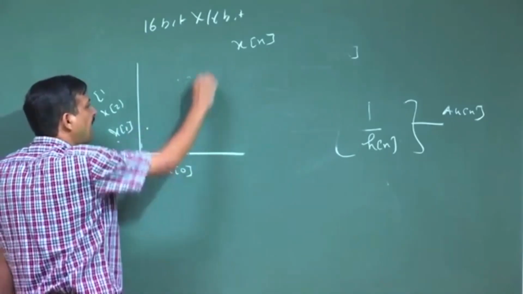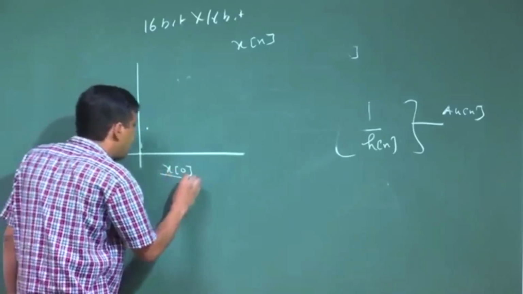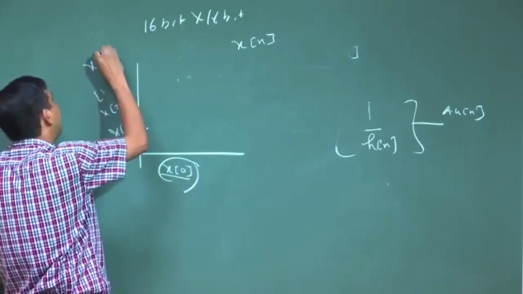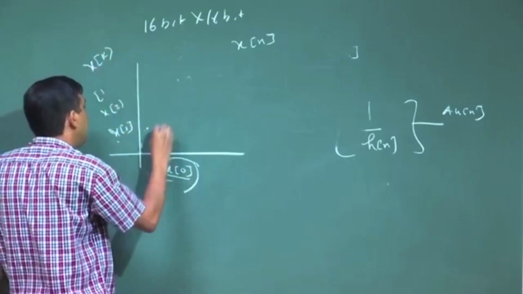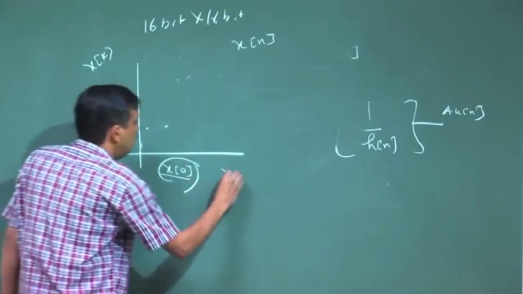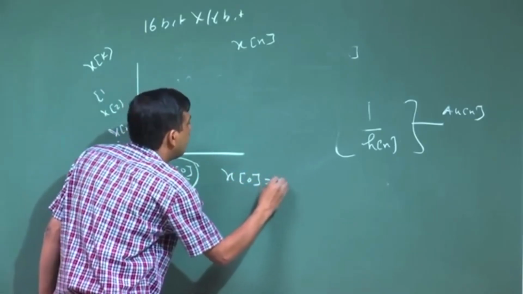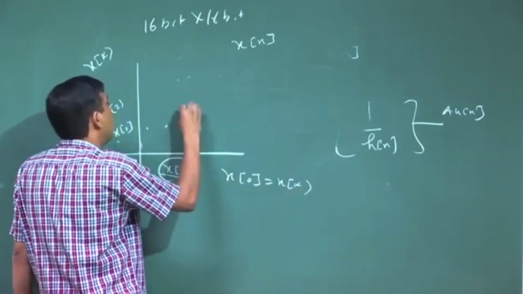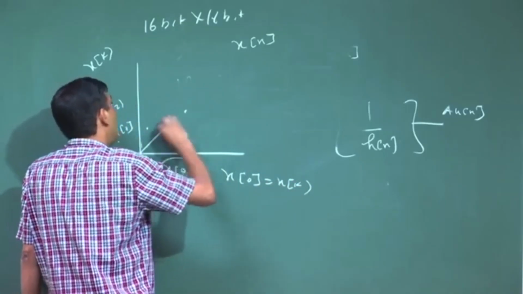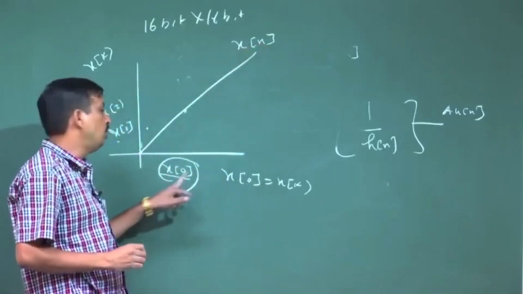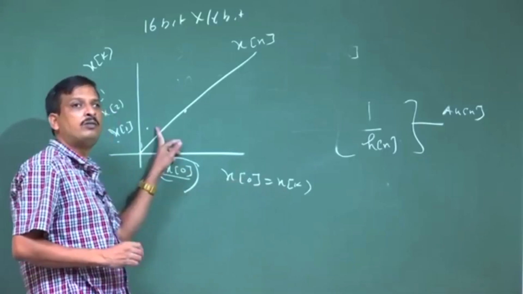So, I can get a scatter plot. If this sample is exactly matched with another sample, let us say xk, then I get a point in here, and then another point in here. So, along the 45-degree line, all x0 which are matched with xk will lie.